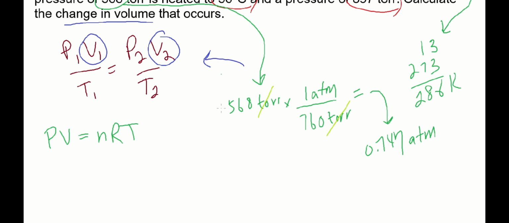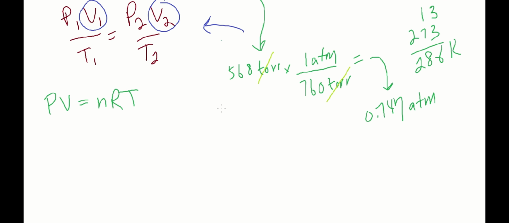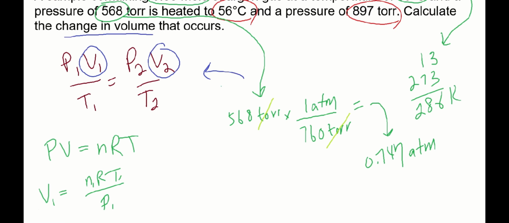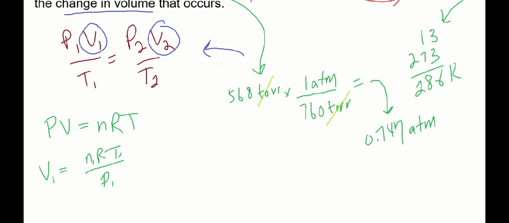Let's plug these values into the ideal gas law. I'm going to rearrange this to solve for V, our initial volume. So V1 is going to equal number of moles, the universal gas constant, times temperature over pressure. And these are all initial values. So plugging these numbers in, the number of moles is 0.35.